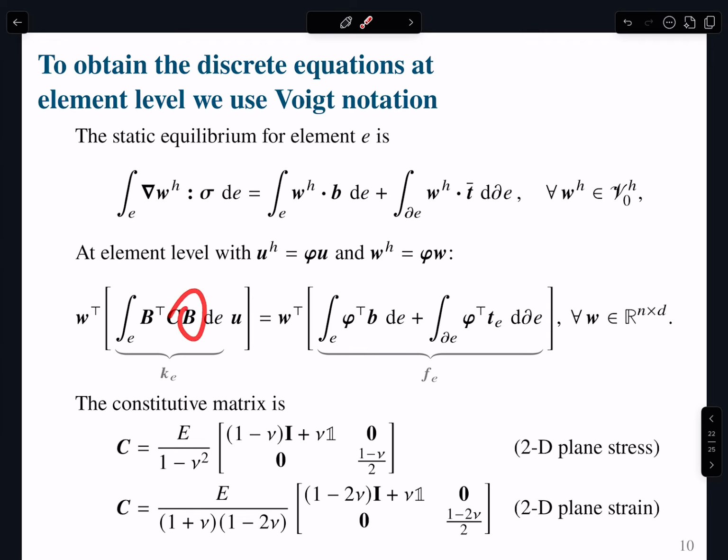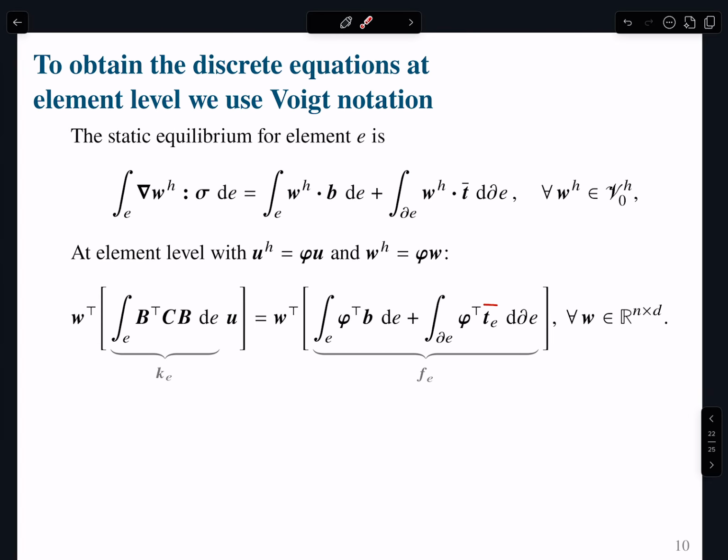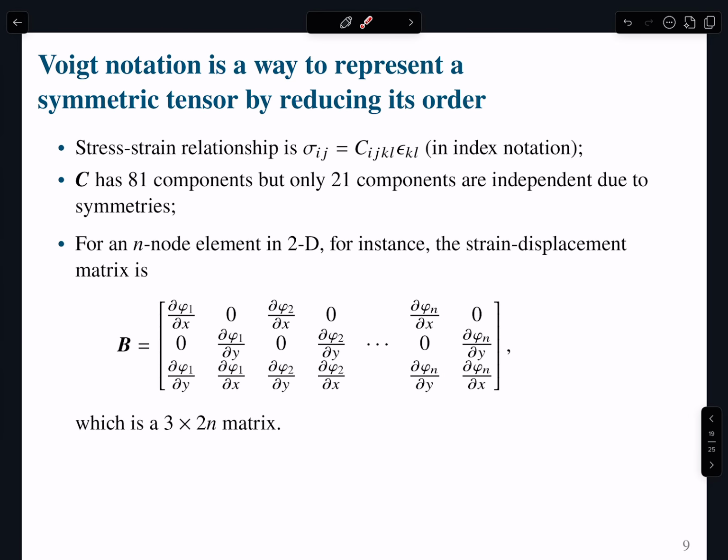And B? 3 by 6. So now I have 6 by 3 multiplied by 3 by 3 multiplied by 3 by 6, which gives me a 6 by 6 matrix. And indeed, the way we have defined that B matrix, you notice that this is for the first node, this is for the second node, and this is for the third node. So indeed, you have a 3 by 6 matrix.